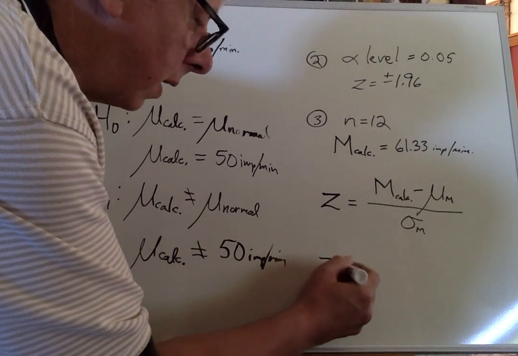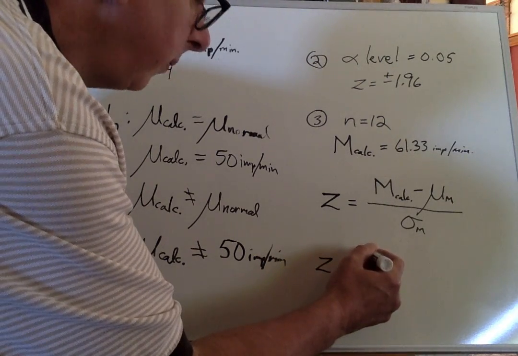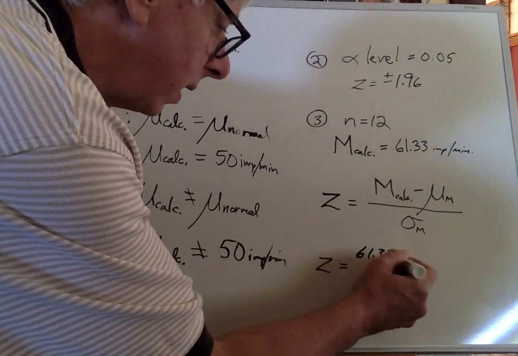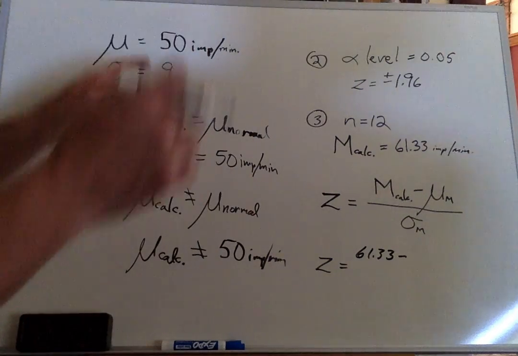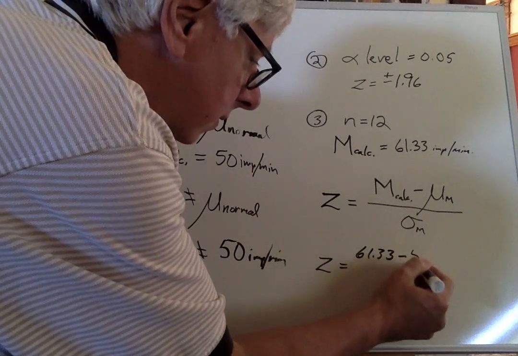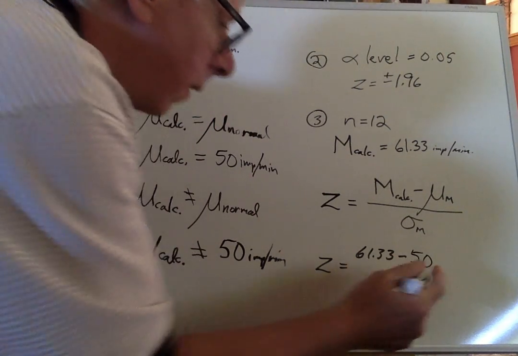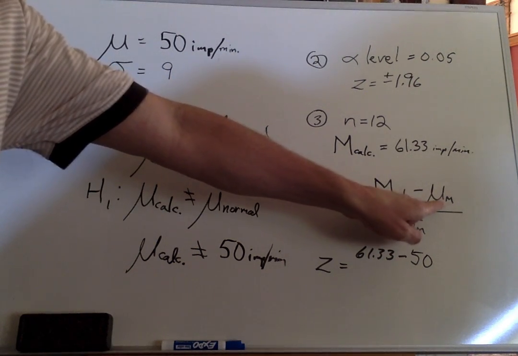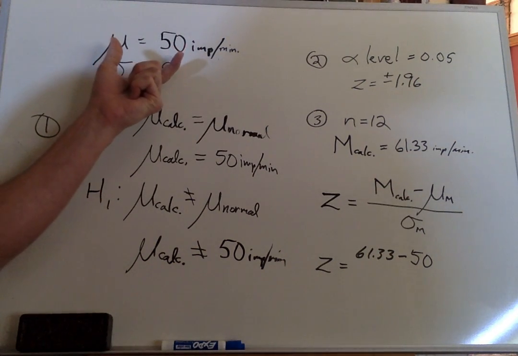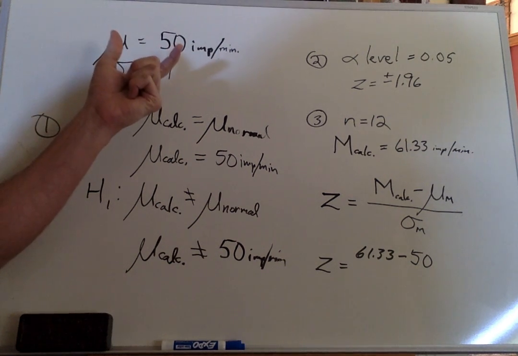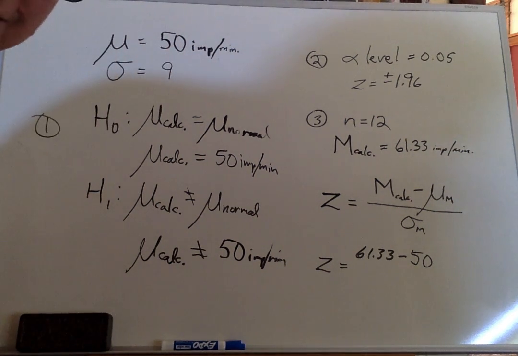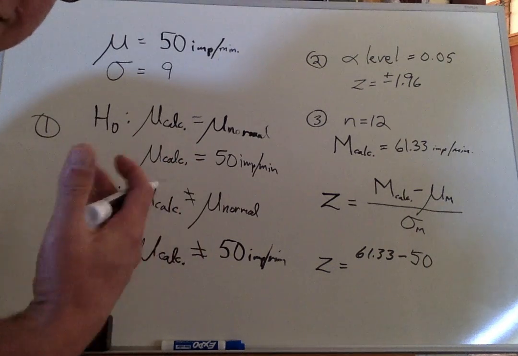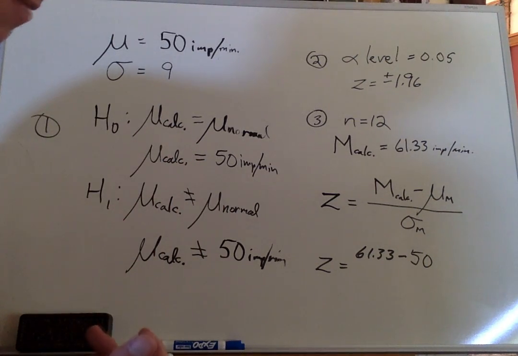So the z-score here is going to be 61.33 minus 50, because the mean of our sampling distribution of means will always equal the mean of the distribution of individual scores from which the samples were taken. You see how that concept, we need to maintain that concept in our memories, and that's why I'm reminding you.